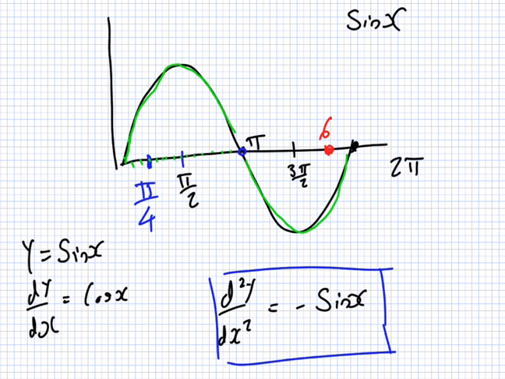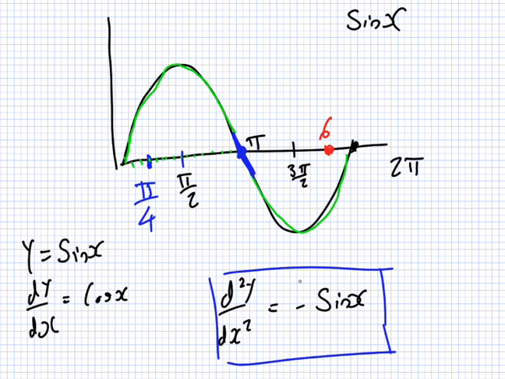But what about right here? Is the graph convex or concave here at this piece? Maybe not. So why don't you put in pi into this and see if it's positive or negative?